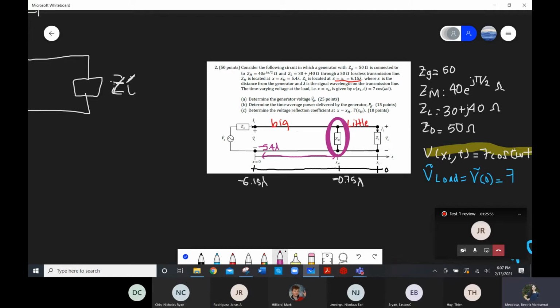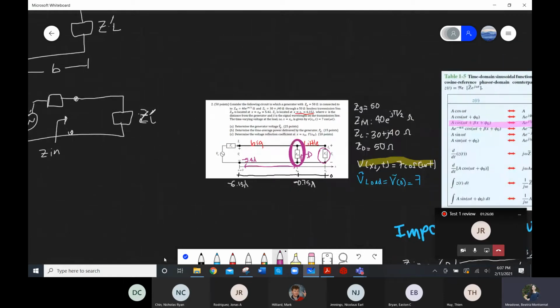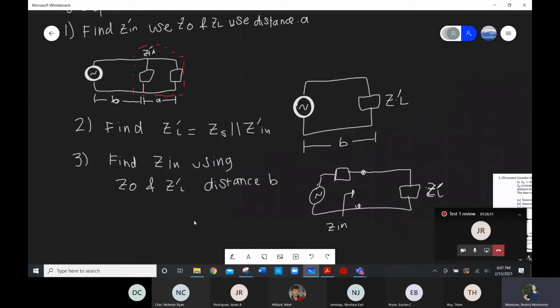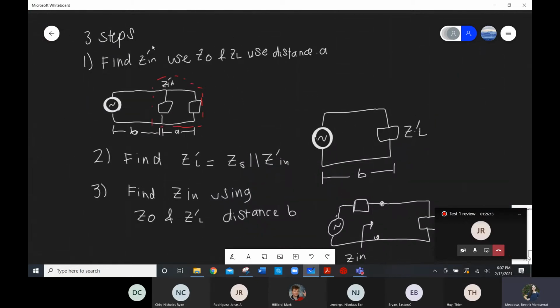And the impedance here is a combination of Z in, looking into the little transmission line, and Z load. First step is find Z in prime, which uses Z naught, which is the same the whole problem, so you don't really have to stress about that. And the Z load that you are given, hopefully; if not, you're gonna have to solve for it, but you know from problem 1. And you use distance A, okay?